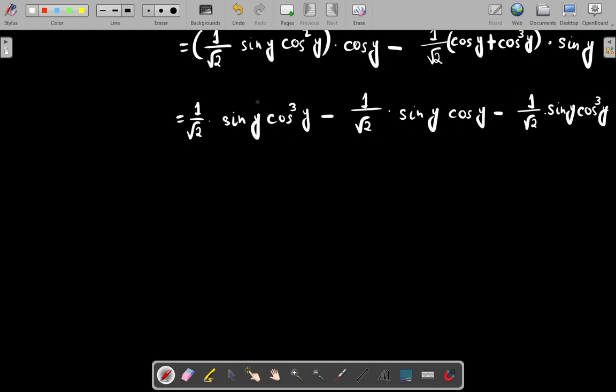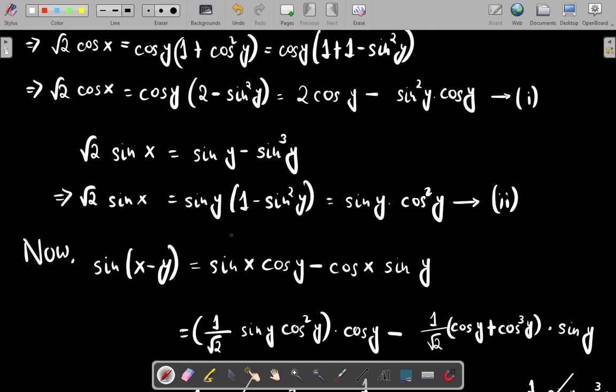Okay, so we see that these two terms cancel each other. So we are left with minus 1 upon root 2 times sin y cos y. Okay, let this equation be equation 3.